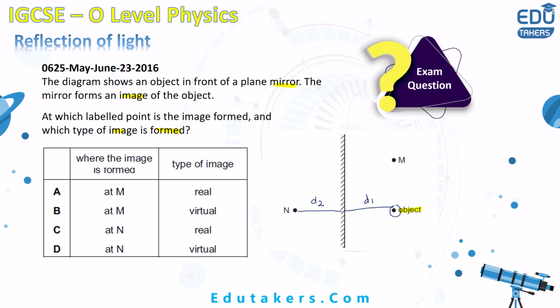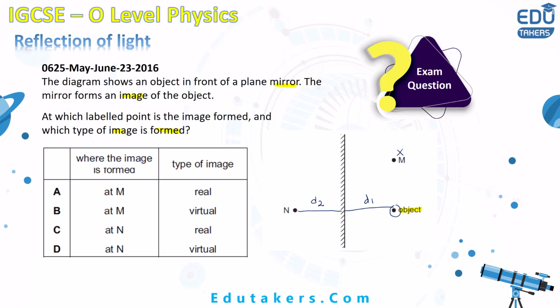Now, according to the given diagram, you also know that the image is formed on the opposite side of the object. If the object is placed on the left, then the image is formed on the right. Then accordingly, the position which is mentioned here, M, is on the same side as the object.